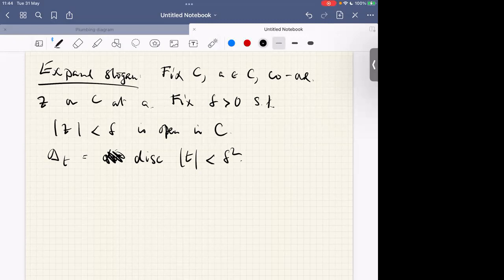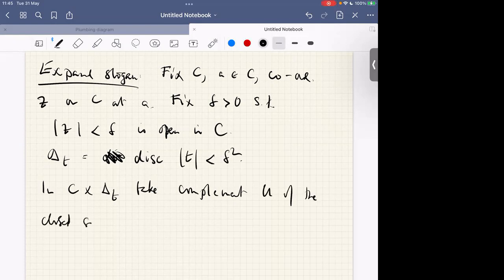And then inside C cross delta T, we take the complement U of the closed set where the absolute value of Z squared is less than or equal to the absolute value of T.